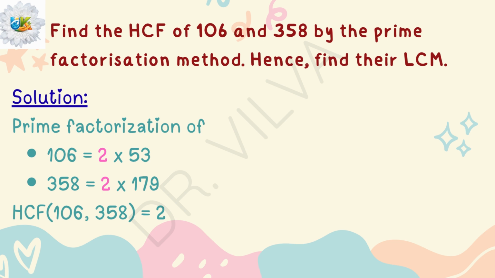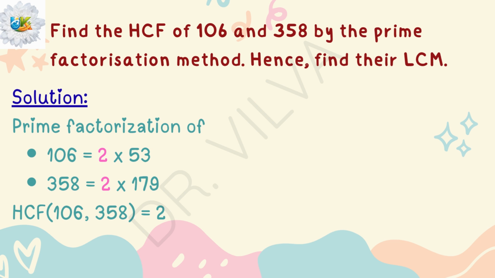In this problem, we are asked to find the HCF of 106 and 358 using the prime factorization method and then find the LCM using that result. We'll see the solution. The prime factorization of 106 is 2 times 53. 53 is a prime number.